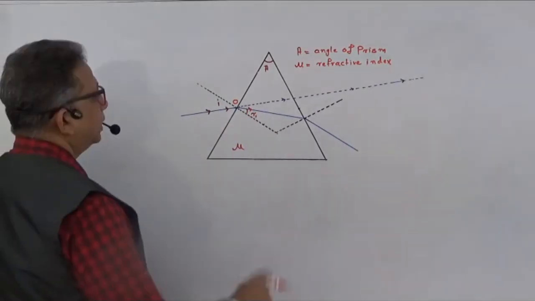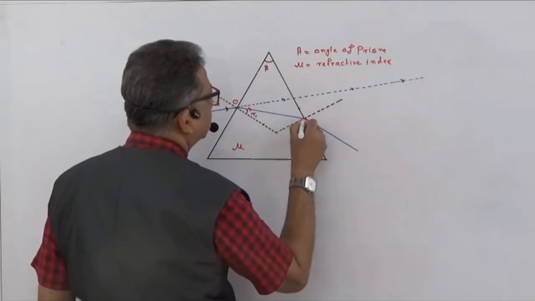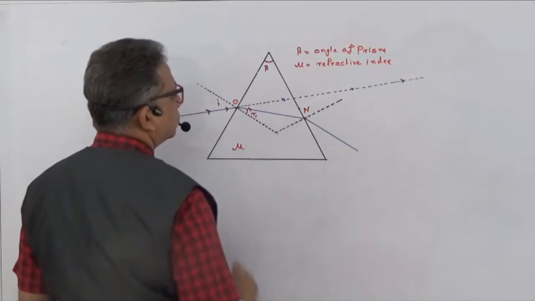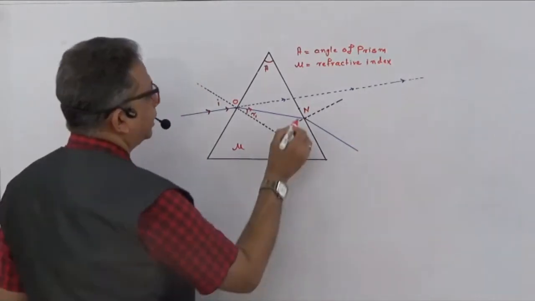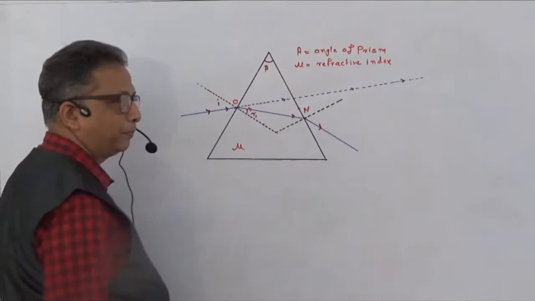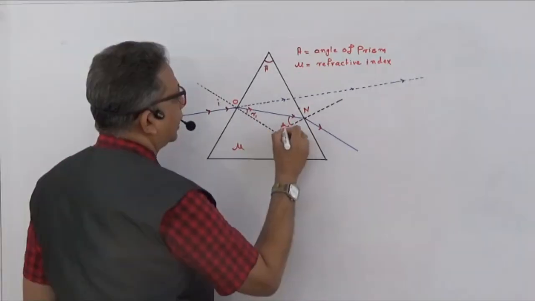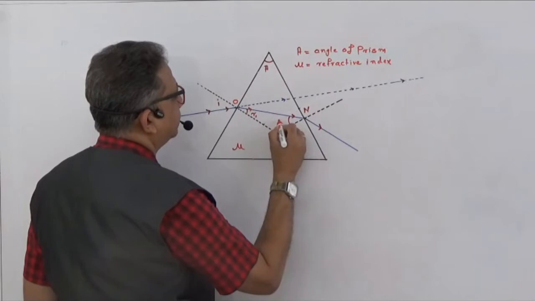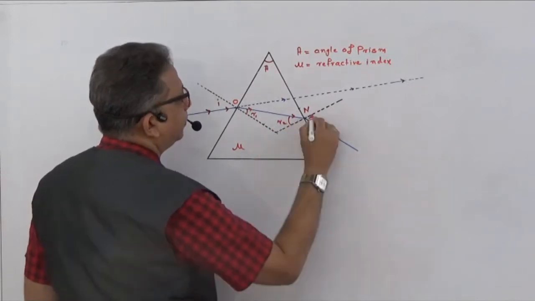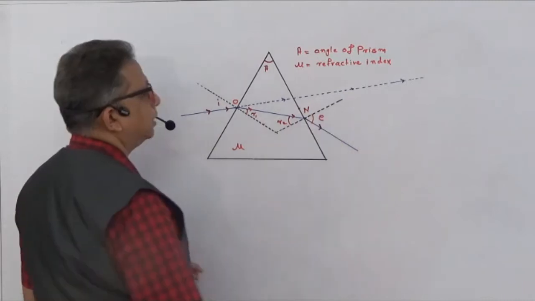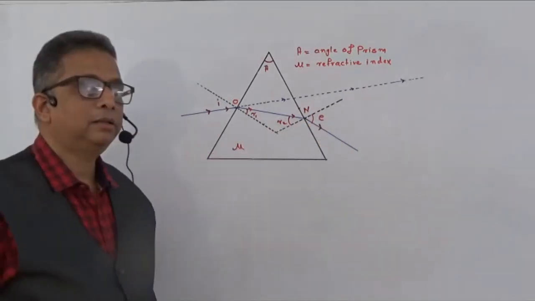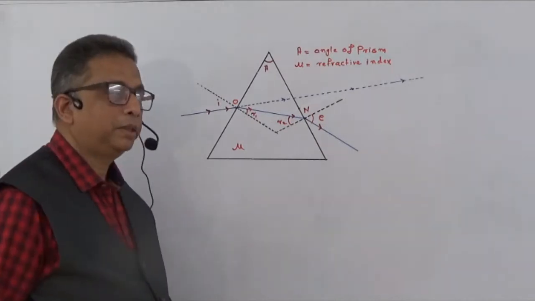This refracted ray at this point, say N, after striking, is again going to get refracted back into the air. This time, suppose the angle of incidence is R2, then this would be the angle of emergence E. E is called the angle at which the ray is emerging from the prism.